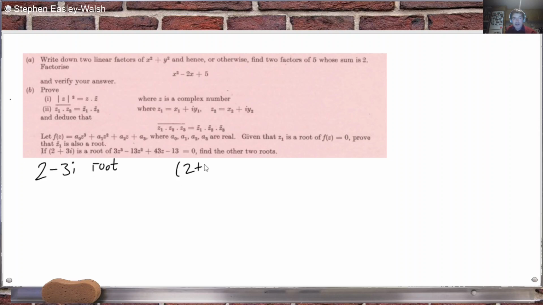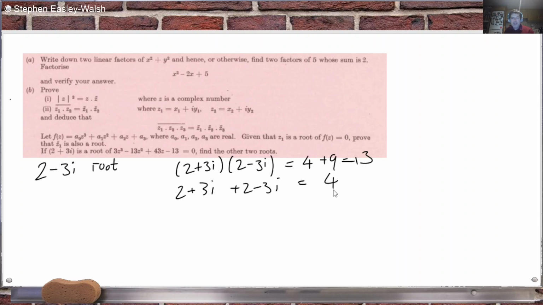And note that 2 plus 3i times 2 minus 3i is equal to 4 plus 9, which is 13. And 2 plus 3i plus 2 minus 3i is equal to 4. So the cubic 3z cubed minus 13z squared plus 43z minus 13.